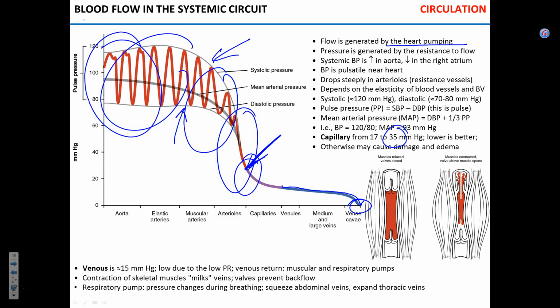And then it declines all the way down from the left ventricle to the right atrium. And blood will flow from high pressure to low pressure all the time. Does that make sense?